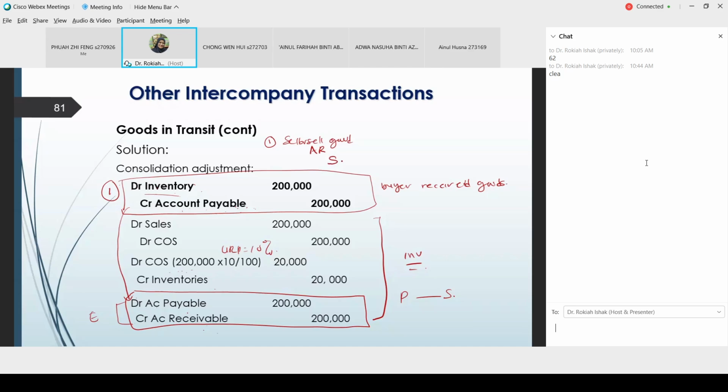Then the buyer debits inventory and credits accounts payable. So for the purpose of eliminations, sales is already eliminated here, and then accounts payable and accounts receivable are going to be eliminated from here. Are you okay with that one?